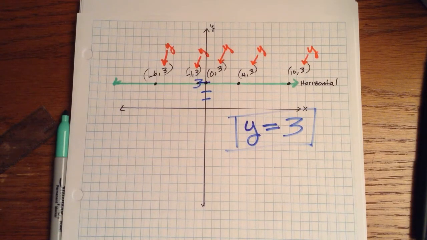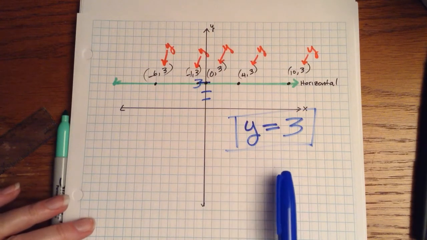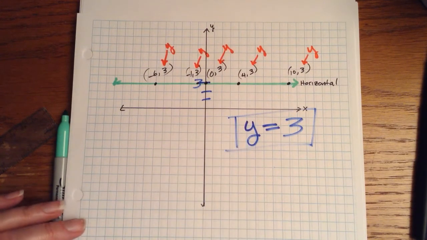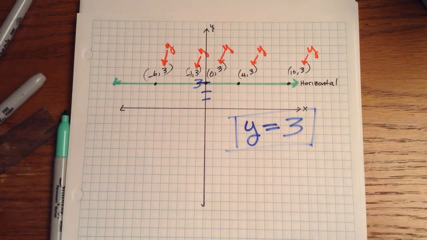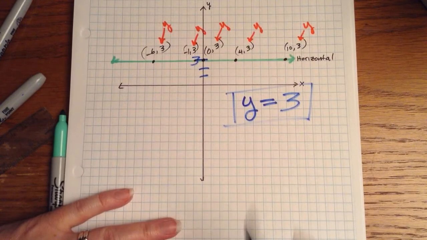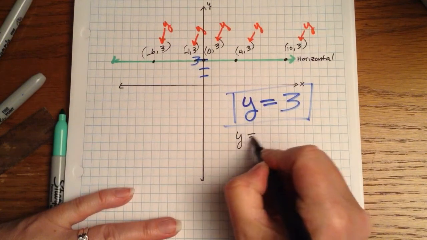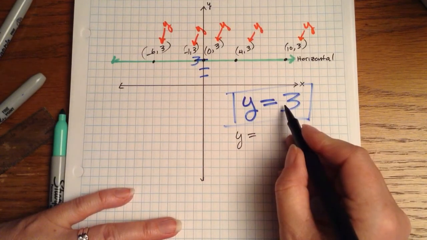Hey, wait, there's more craziness we can talk about. Because it is a y equals equation, you can get the y alone. This is in mx plus b form. Check this out. Y equals, how many x's do you see in this equation? None. That's correct.